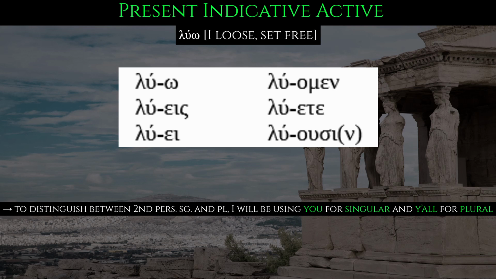Again, luo, lueis, luei, luomen, luete, and luousi or luousin. And one thing to note here, to distinguish between second person singular and second person plural, I will be using you for singular and y'all for plural.